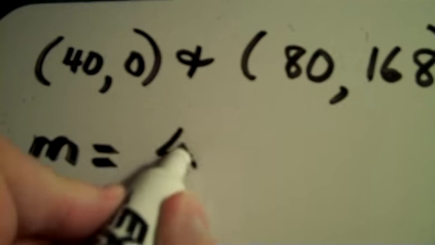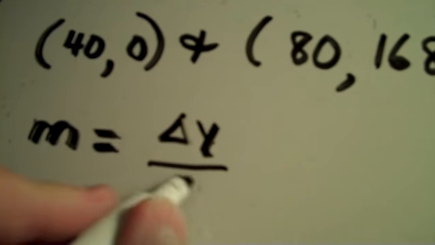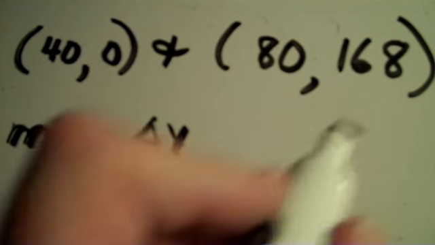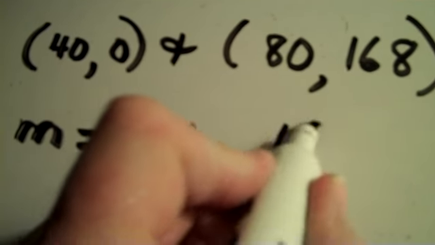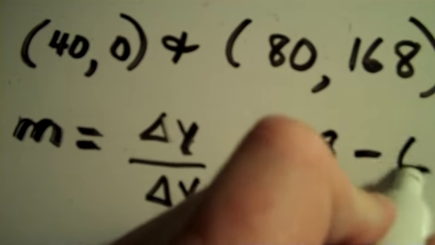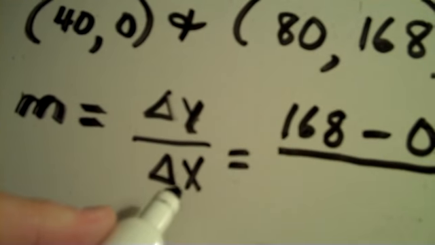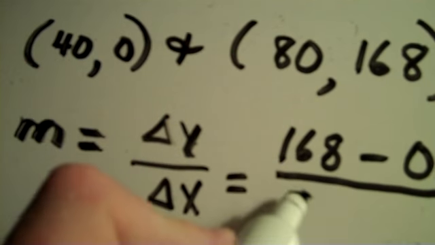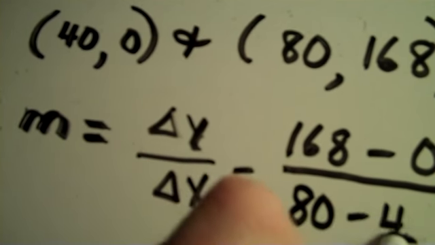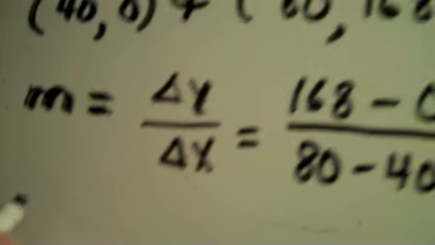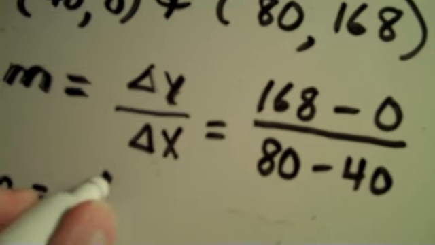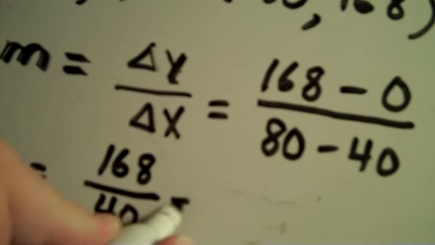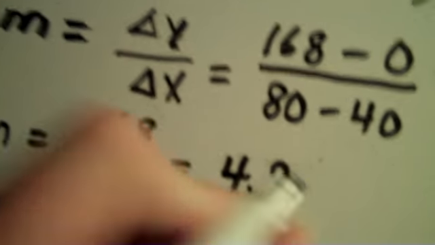Well, slope is change in y divided by the change in x. Change in y means subtract the y values: 168 minus 0. Change in x means subtract the x values: 80 minus 40. 168 divided by 40 is equal to 4.2.